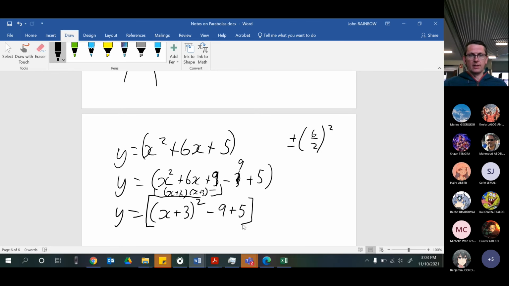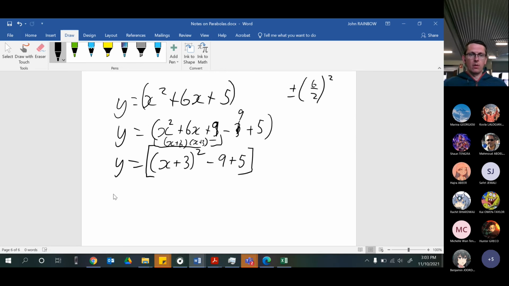Alrighty. That's all still in these brackets, because if there's a 2 on the outside, then you need to multiply it out. Then I've got y equals, I'm still going to keep my brackets there, x plus 3 all squared, and then we've got, what's that, minus 4.